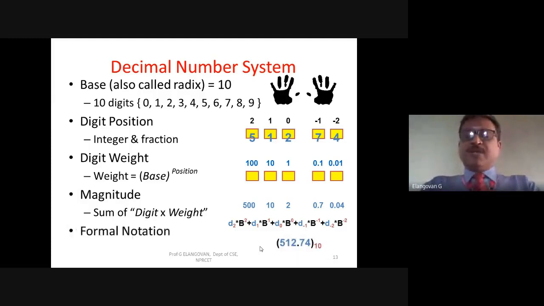If you put all these together you get 500 plus 10 plus 2 plus 0.7 plus 0.04, and summing them you get 512.74 with base 10. In a digital system, whenever we represent numbers, the best method is to represent them with the base value, because we have different numbering systems. To avoid ambiguities, we always represent the number with its base.